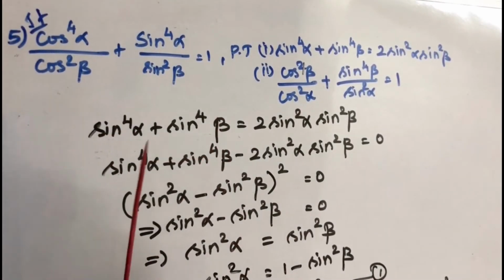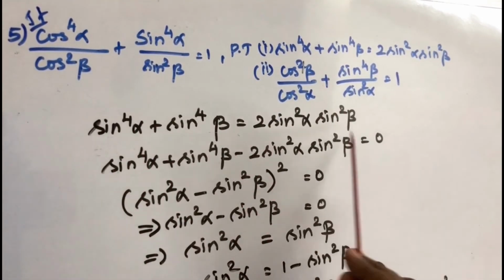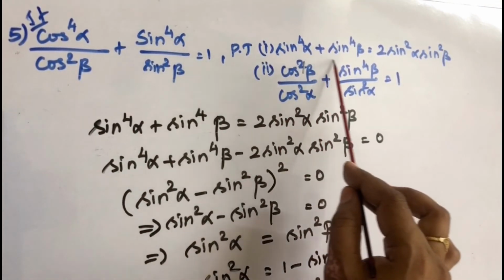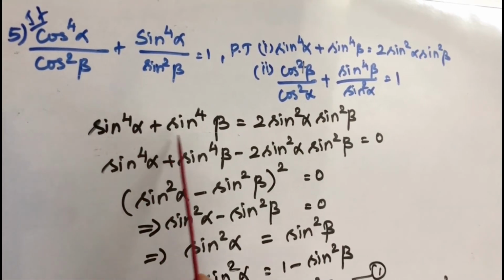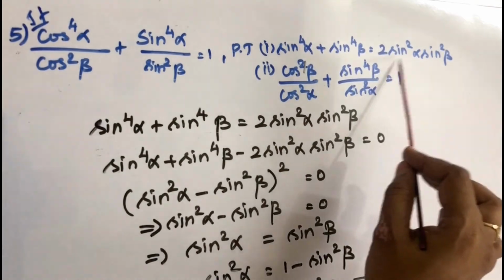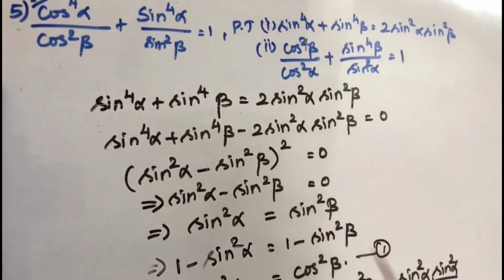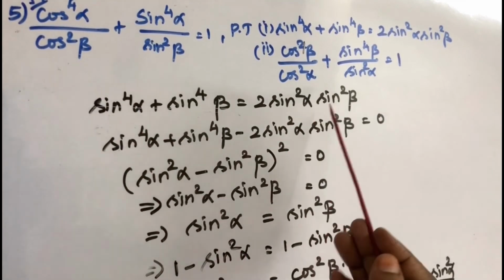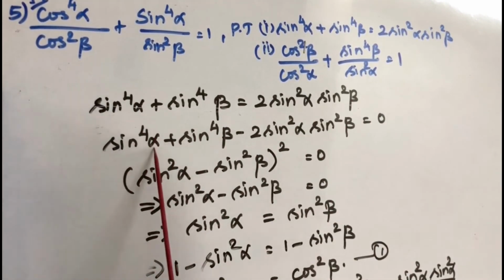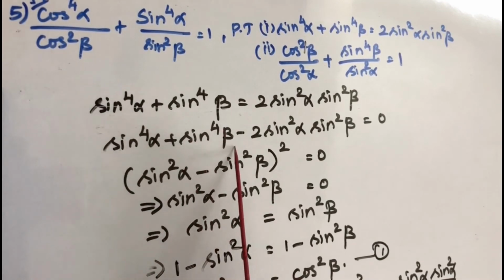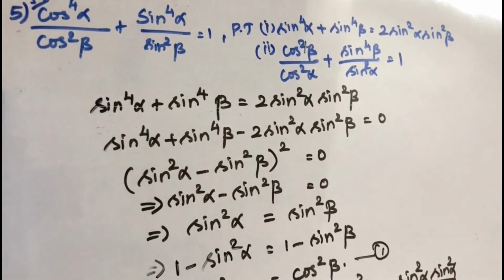Second part. To prove the second part of the fifth problem, I'll take the first result we have got: sin power 4 alpha plus sin power 4 beta equal to 2 sin square alpha sin square beta. We can bring this term to the left side. So sin power 4 alpha plus sin power 4 beta minus 2 sin square alpha sin square beta is equal to 0.